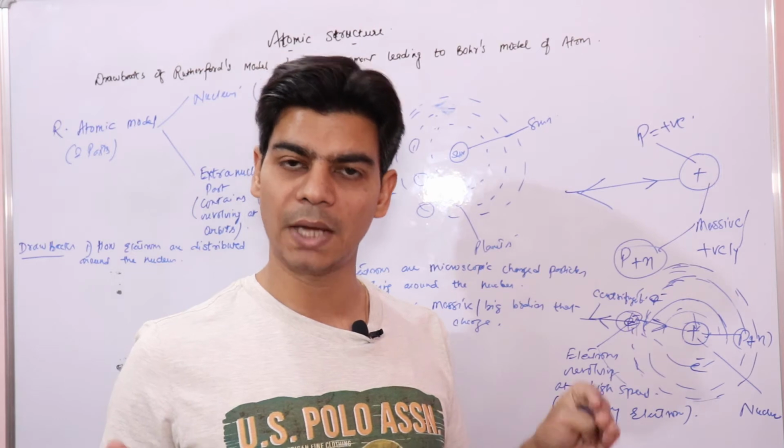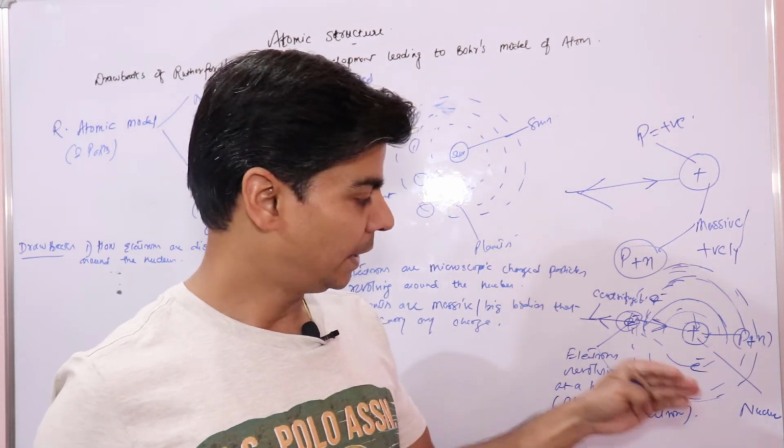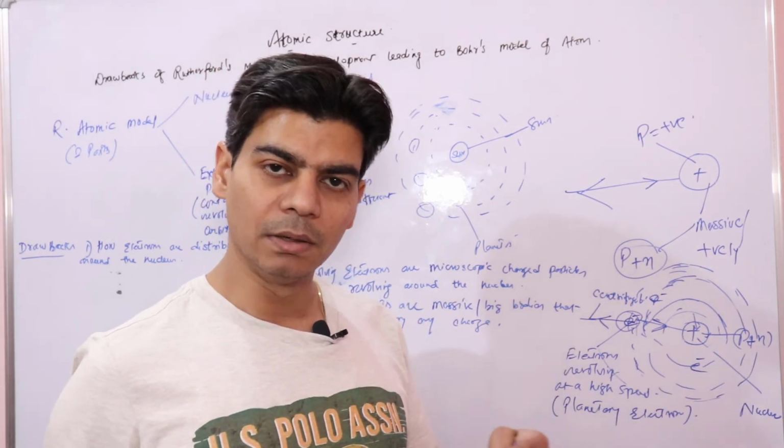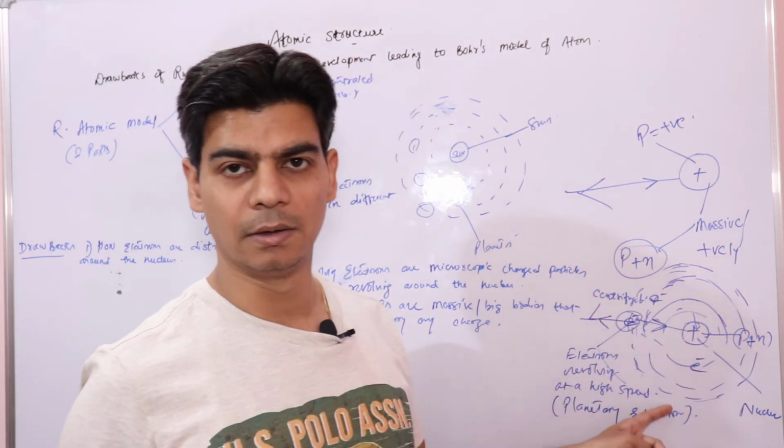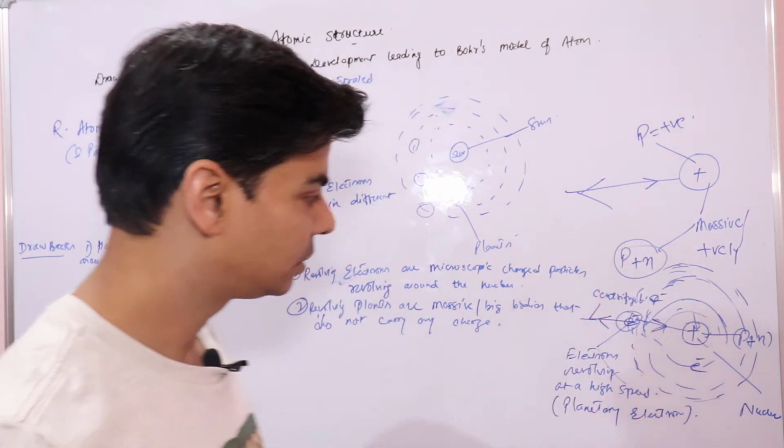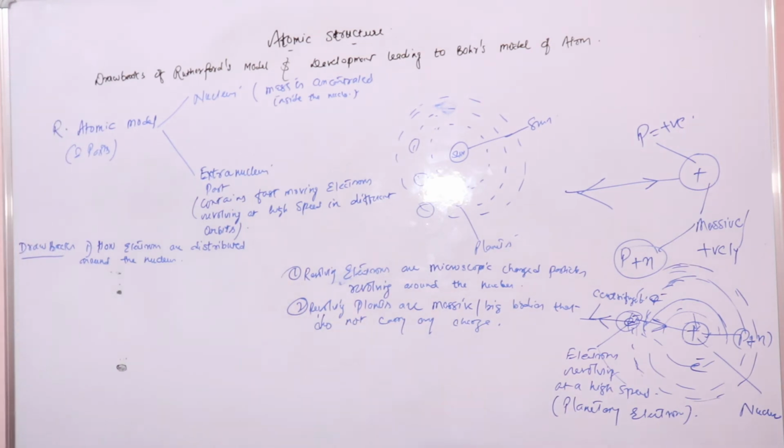But we know this does not happen. We know that the atom is stable, right? So this is a contradiction to the stability of the atom, and Rutherford could not explain this, right?